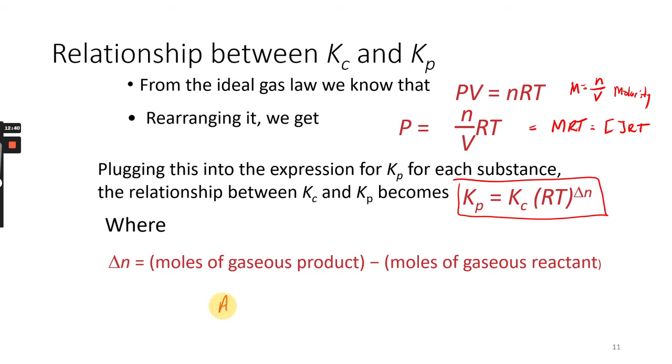What does that mean? So say I had this reaction here, and everything is a gas. In my products, I have 1 mole of C and 2 moles of D. So I have 3 moles in my products. Minus, I have 1 of A and 1 of B, 2 moles of my reactants.